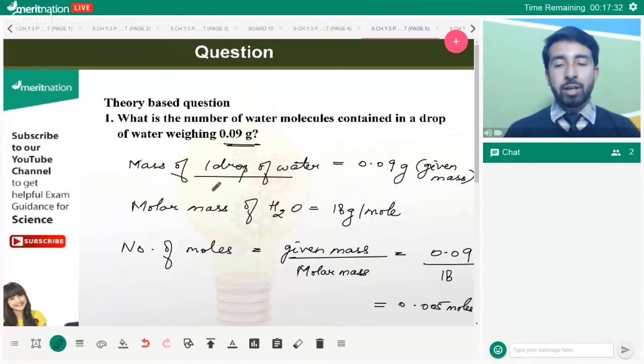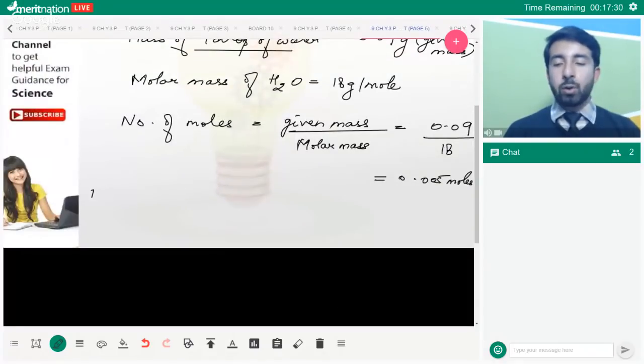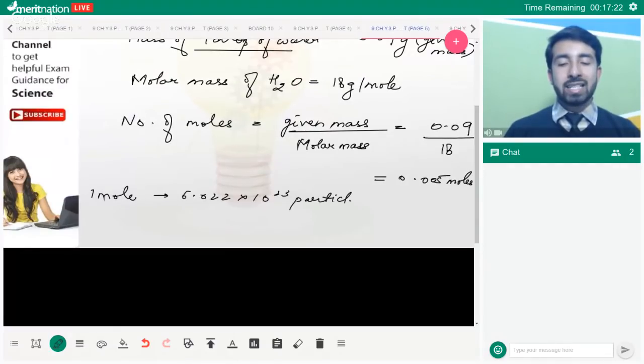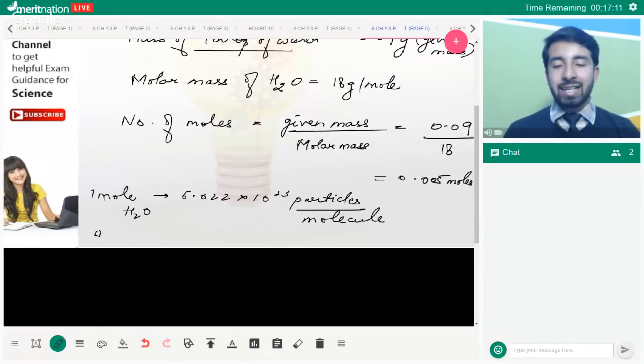Now, after calculating the moles, we all know that 1 mole contains 6.022 into 10 raised to the power 23 particles, or in this case, if we talk about water, molecules. If 1 mole has 6.022 into 10 raised to the power 23 molecules, then how many will 0.005 moles have?